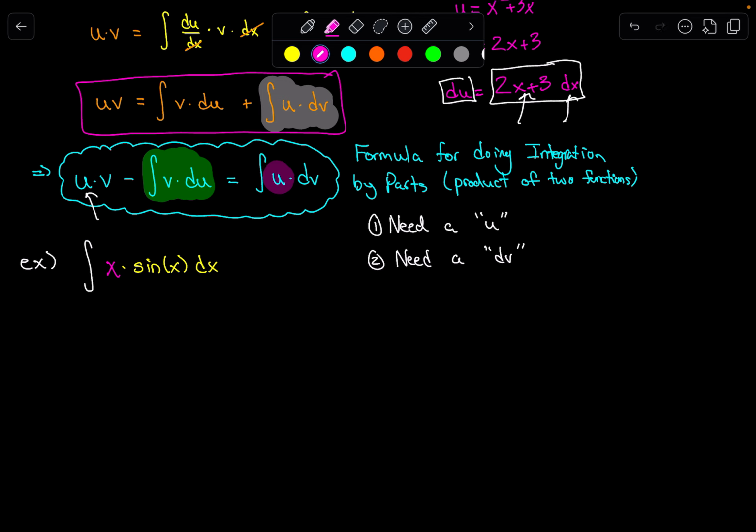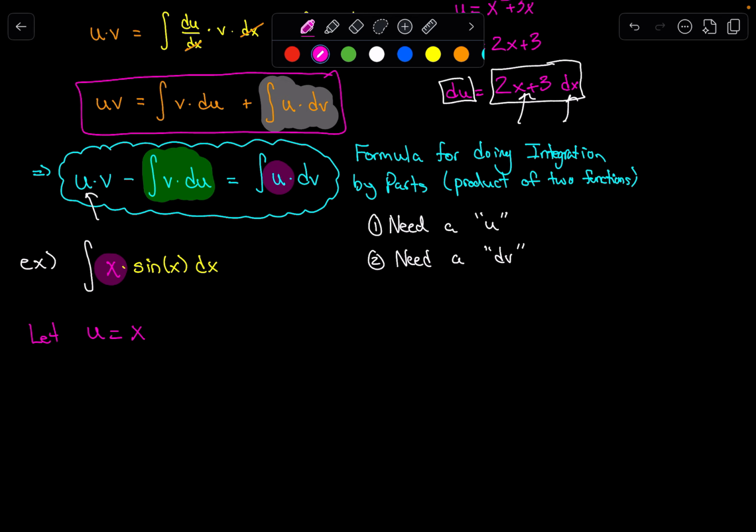Let's pick my u to be this x that I've selected here. So let my u be equal to x. Now, if I have u equals x, what else can I get from this?